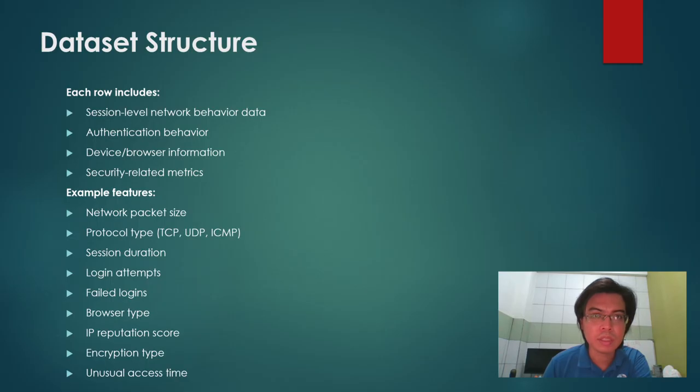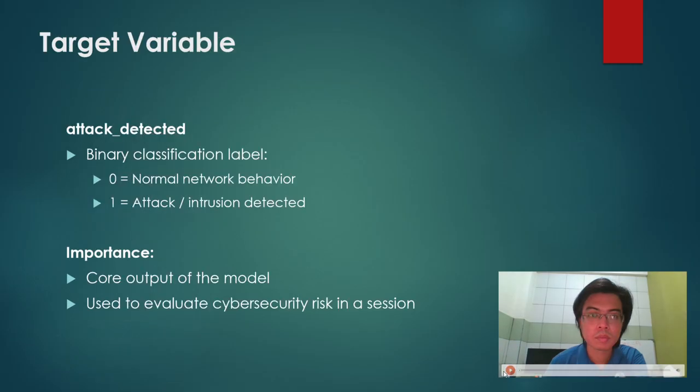These features represent user behavior and network activity, which are important indicators of cyber attacks. The target variable is called attack detected, which is a binary value, where zero means normal activity and one means an attack or intrusion.